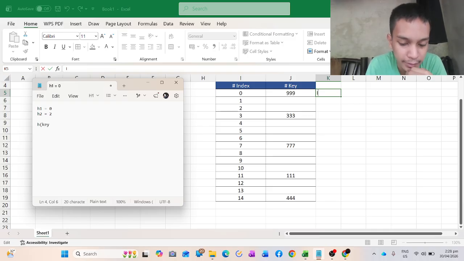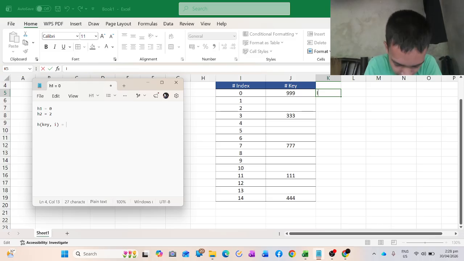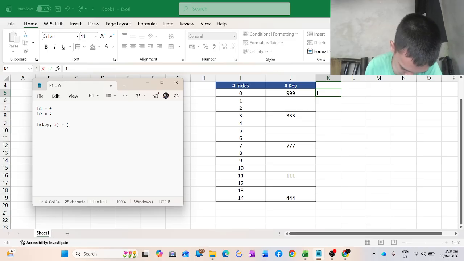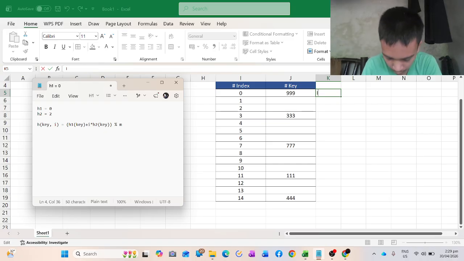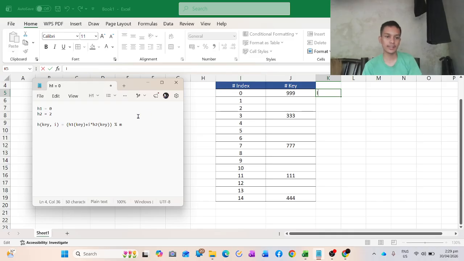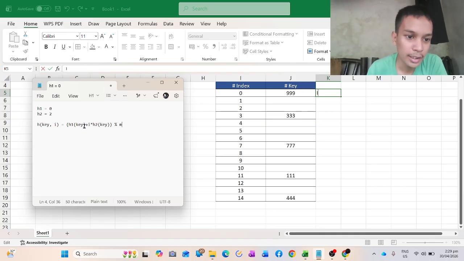H of key and i, where i is the number of collisions that occurred, equals H1 of key plus i times H2 of key, modulo M, which is the total number of indexes. I'm just going to do a shortcut and remove these two.